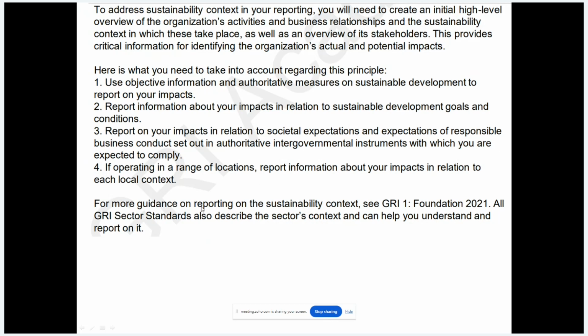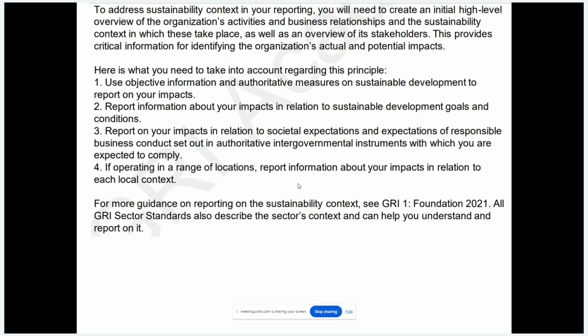This we had discussed at that time. So if you are operating in multiple jurisdictions across the country, then impacts in relation to each local context have to be considered, because your organization or your setup can be in a water stressed area.